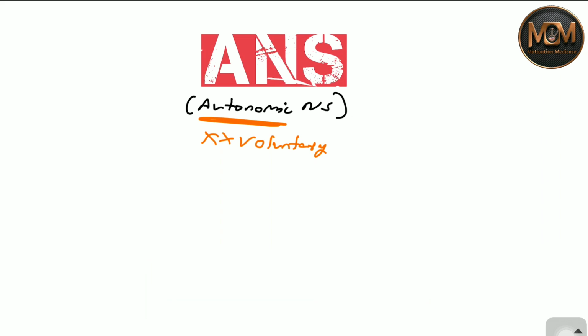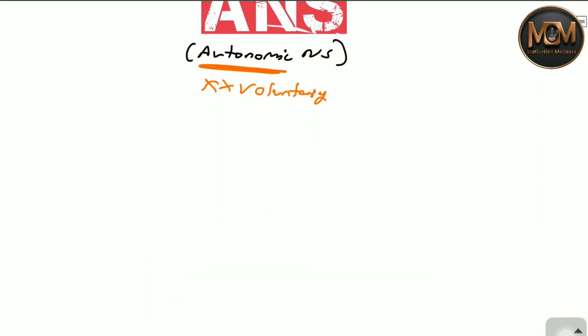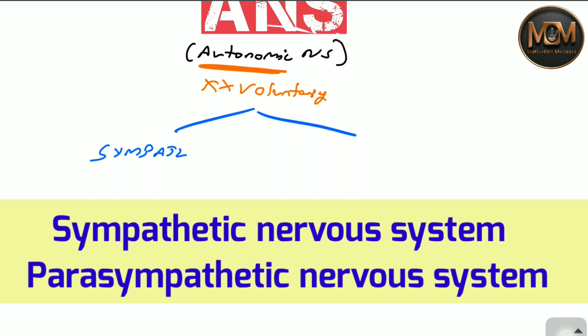So basically, this ANS is divided into two things, that is the sympathetic nervous system and the parasympathetic nervous system.